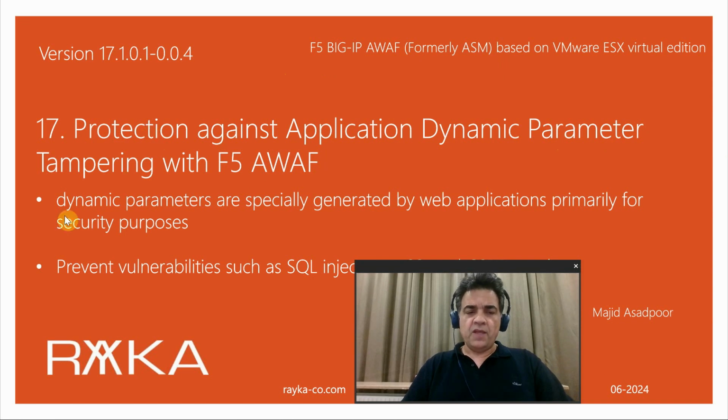Advanced WAF. Dynamic parameters like session ID or user token are specially generated by web applications primarily for security purposes to prevent vulnerabilities such as SQL injection, cross-site scripting, and cross-site request forgery.